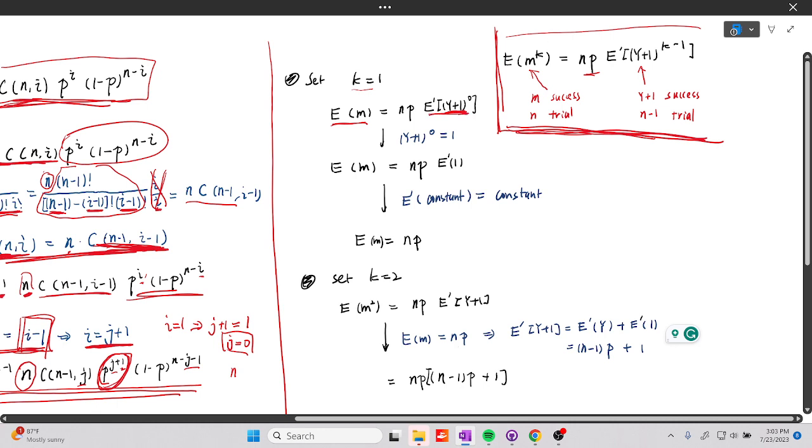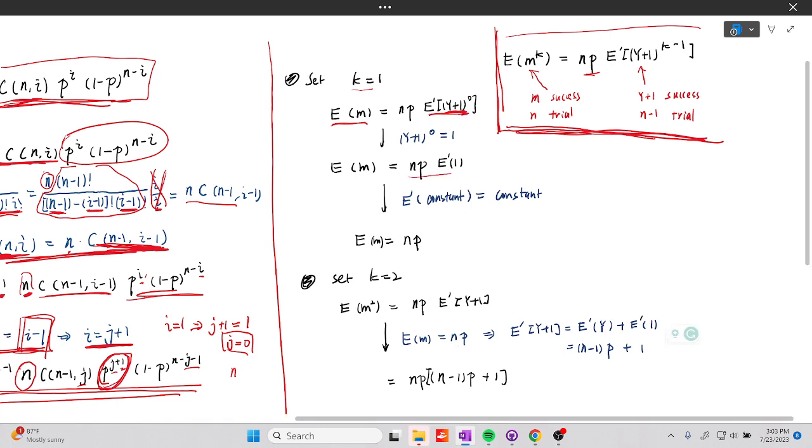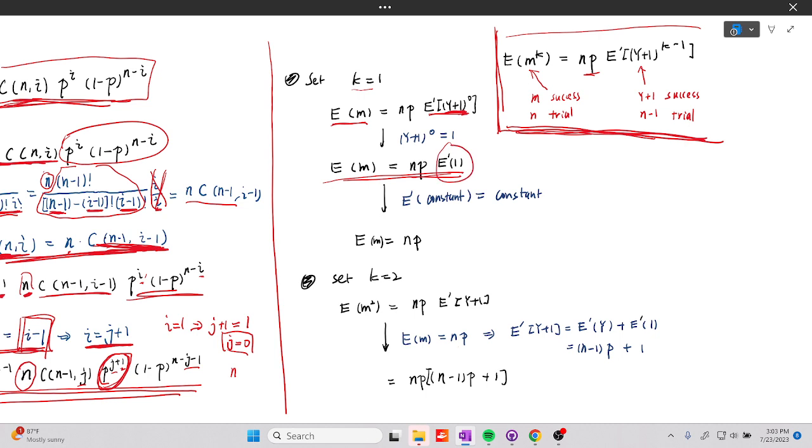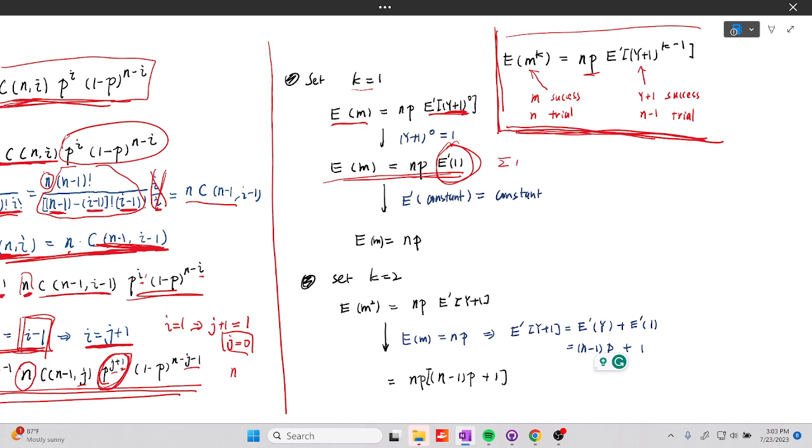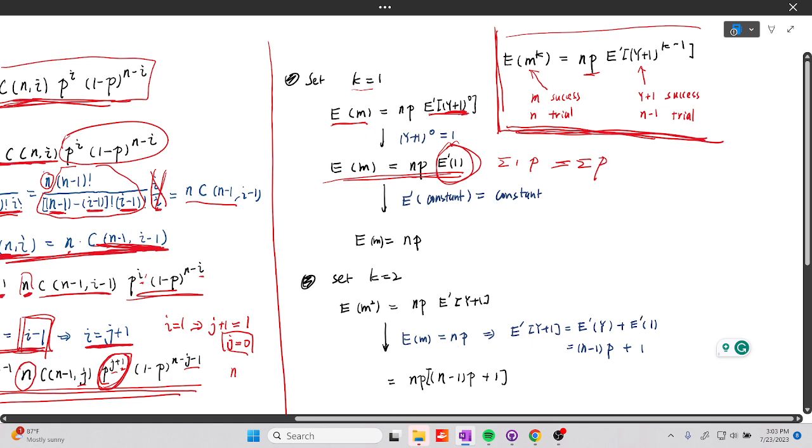Since the expectation value of any constant is its own constant, the expectation value of 1 is always 1, because you just sum over all the probability, and it equals 1. Sorry, let's assume the general case alpha: it's taken out because it's a constant, then it becomes alpha. So this becomes 1, then we have the expectation value, hooray, np.